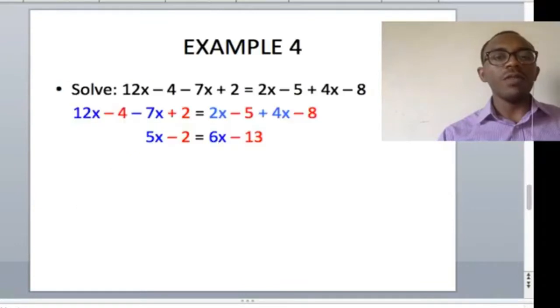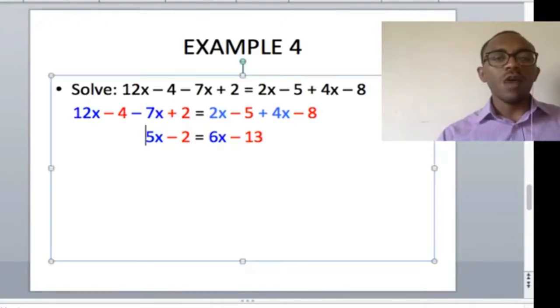So the same thing we're going to do with the x's. We put all the x's on one side and all the numbers on the other side. Same exact rule. You are free to decide which side, but you choose your own. This time I'm going to go one side at a time, so make sure that you don't miss any steps.